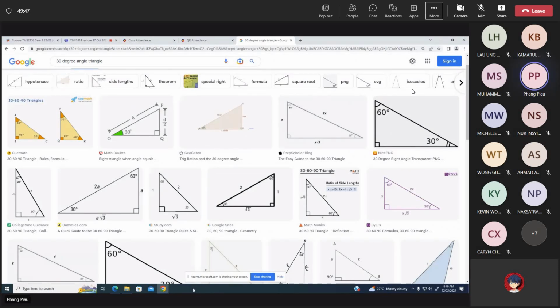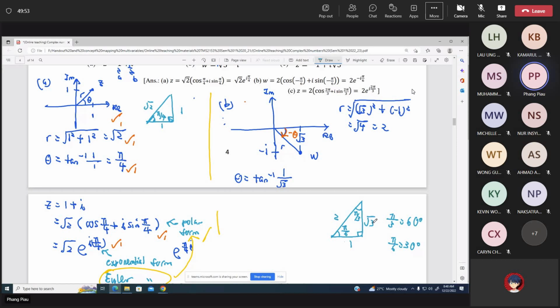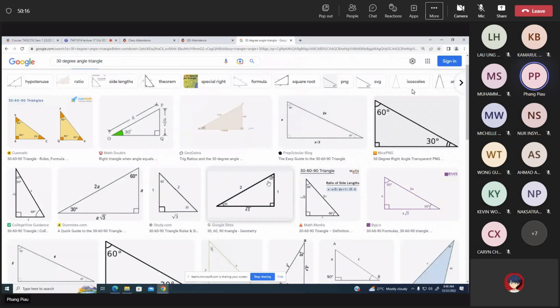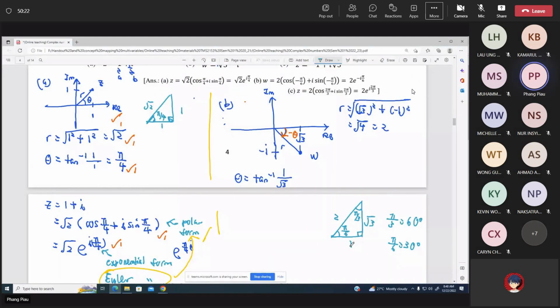Is that right? Because it's reversed, right? 1, 2 for 60, so it should be reversed.